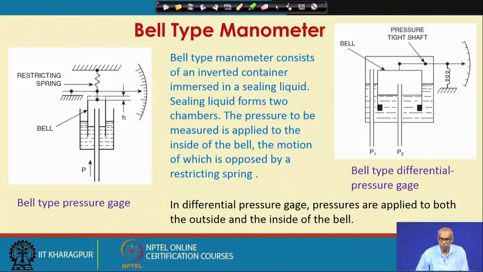All these three instruments work on the principle that you balance the pressure against a known force. Bell type manometer consists of an inverted container which is immersed in a sealing liquid. So, this is the bell.